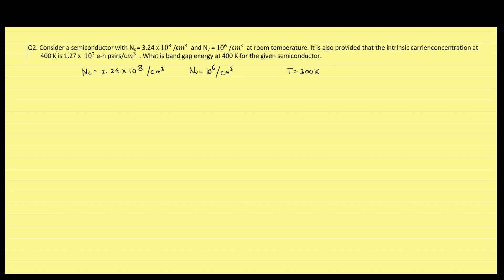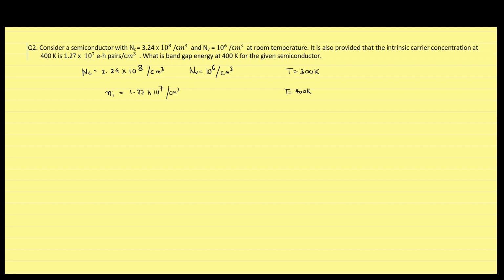It is also given that intrinsic carrier concentration is equal to 1.27 into 10 to the power 7 per centimeter cube, and temperature is given to be equal to 400 Kelvin.